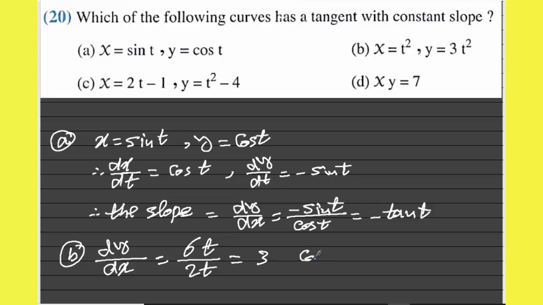It is constant. So the solution will be in letter B here. In each of C and D, the first derivative, which equals the slope dy/dx, will not be constant. Next question.